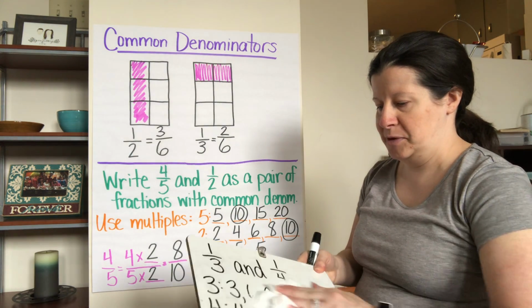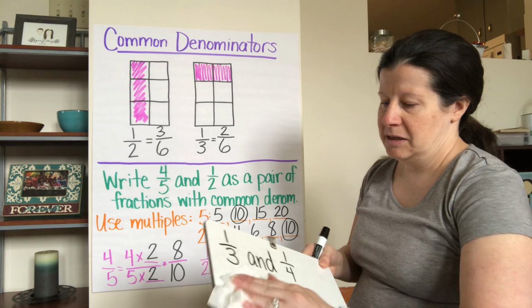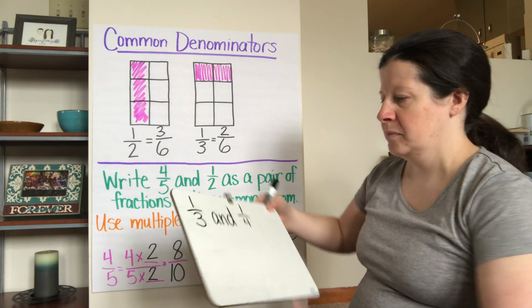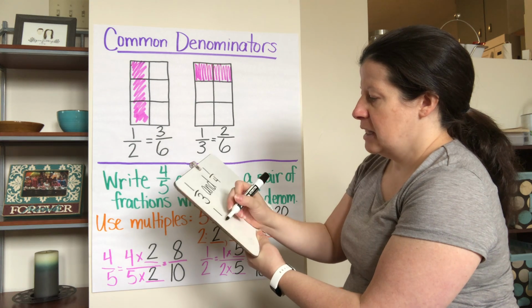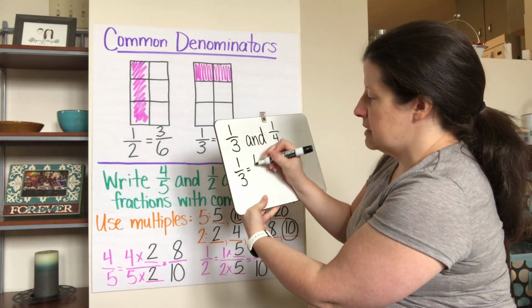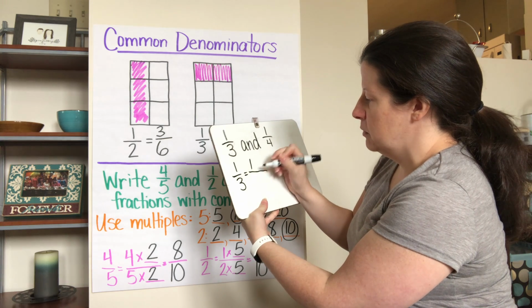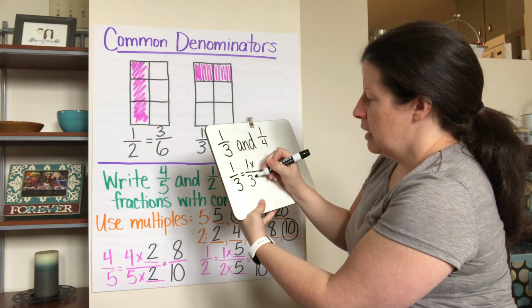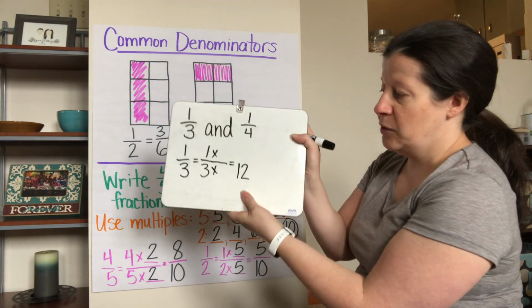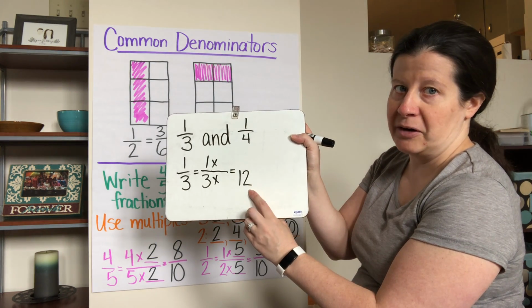Give me some more room to work. All right. Now that I know it needs to have a denominator of 12, I know I'm going to take 1/3, and I need to take my 1/3 and multiply it by some number so that I get a denominator of 12.